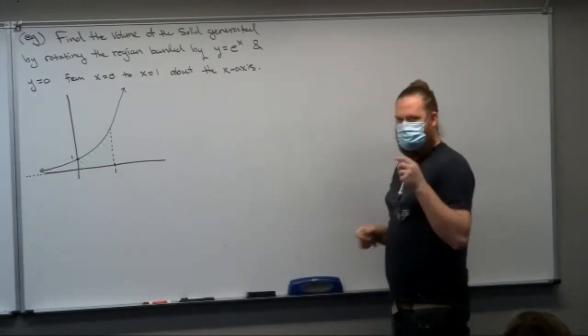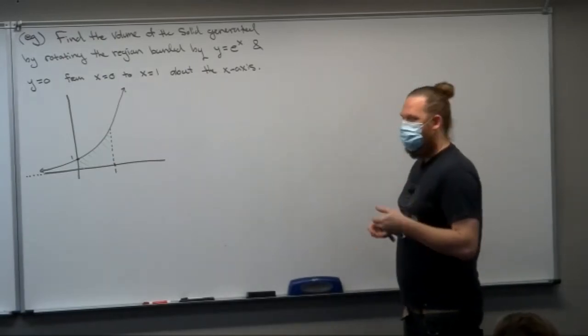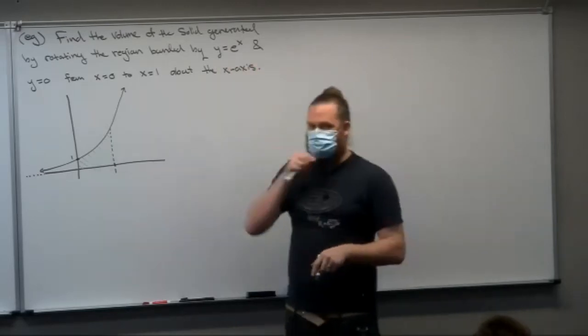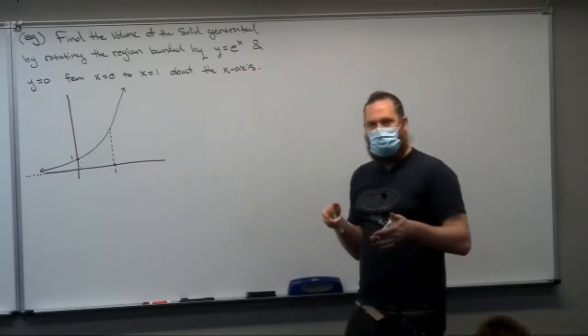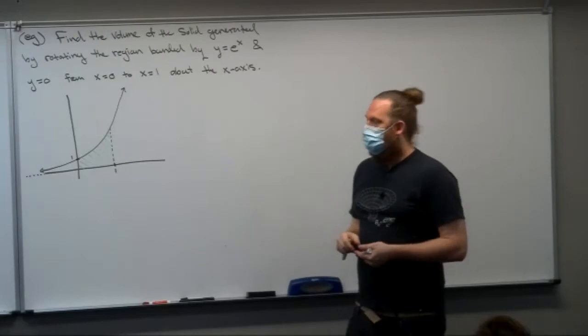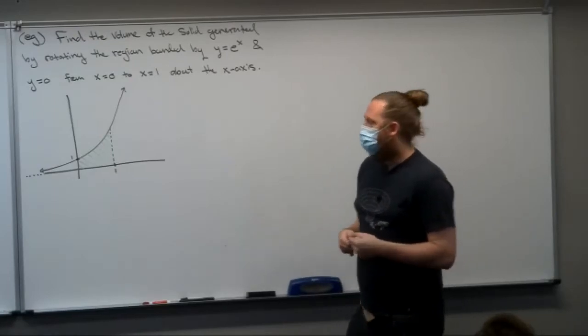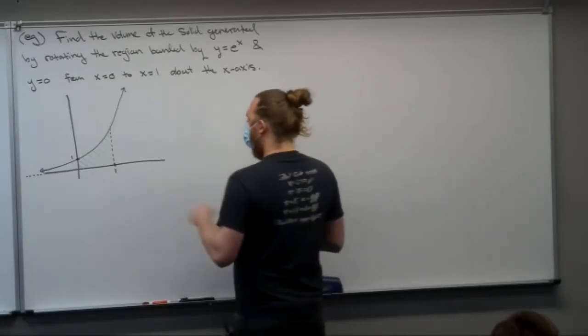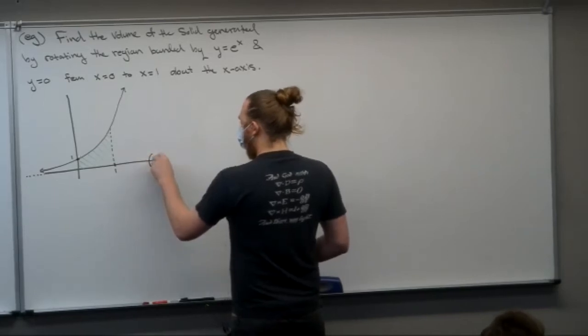First, sketch the region. Graph the function and identify what region you're talking about. Sometimes you'll have multiple boundary curves. Sometimes you'll have one boundary curve and a set of x values. It's up to you to determine the region. Next, sketch your axis of rotation.